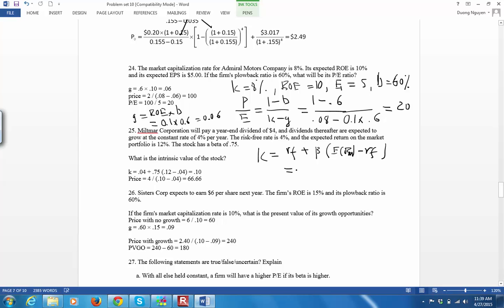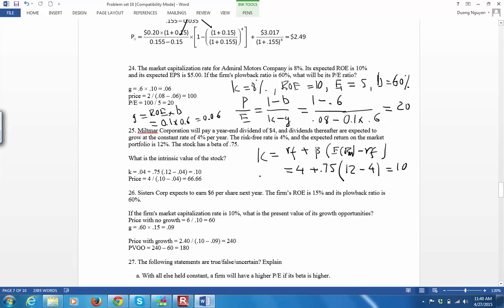RF is 4, beta is 0.75, market return is 12 minus RF, which is 4, and this equals 10%. So the required return is 10%.